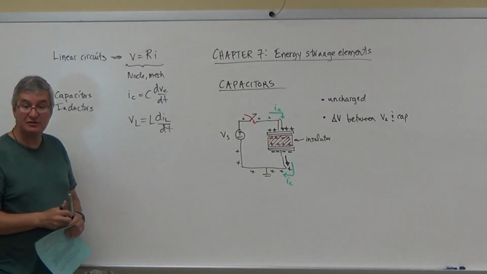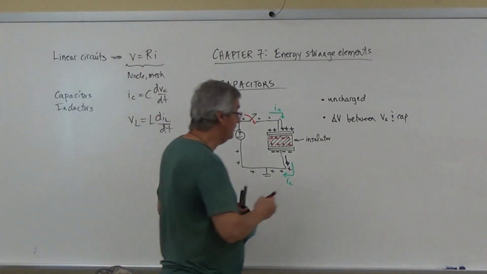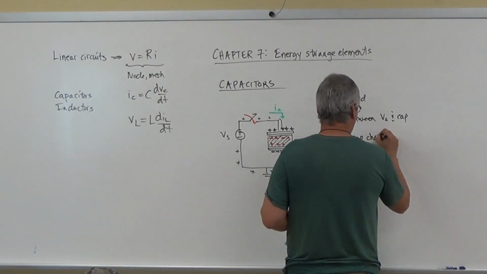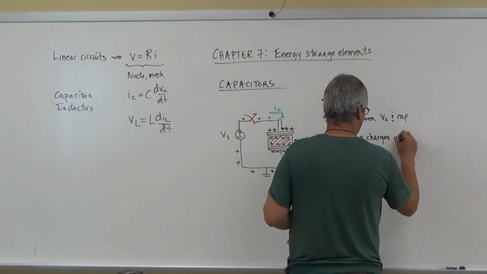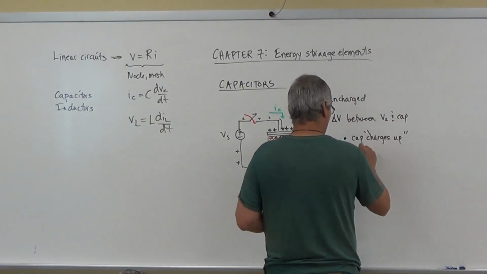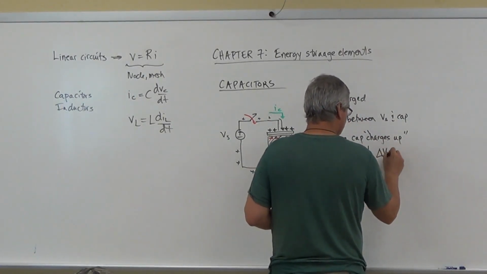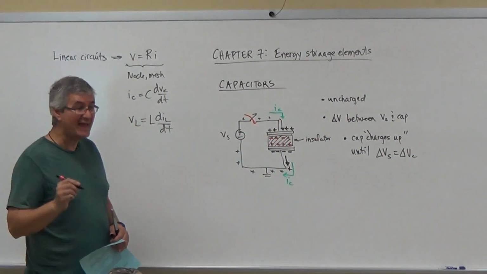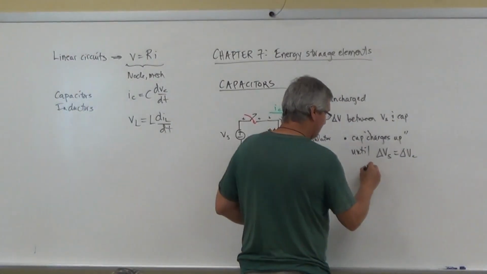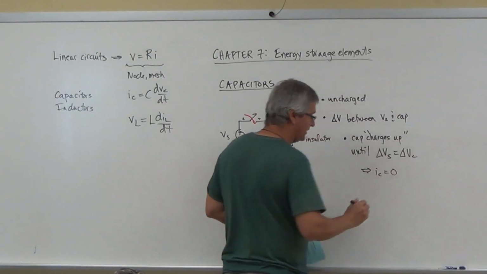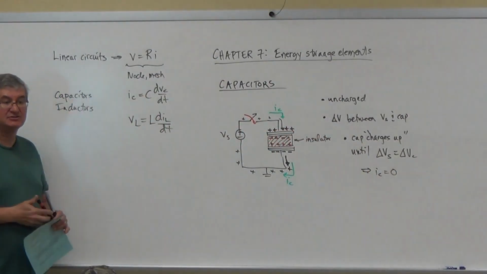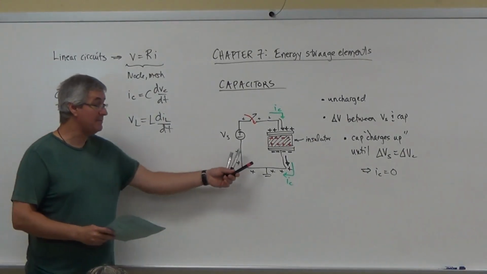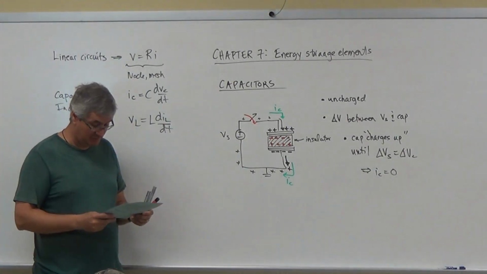And this guy continues to charge, so we say that the cap charges up until the voltage of the source is equal to the voltage of the cap. And when that happens, this implies that the current in the circuit is zero. Okay, so that's what I mean by current flow through a capacitor here.